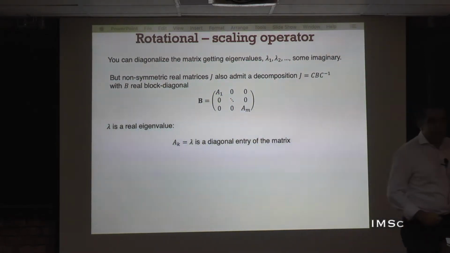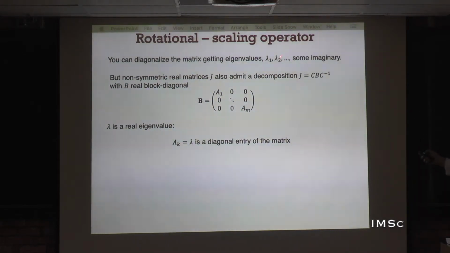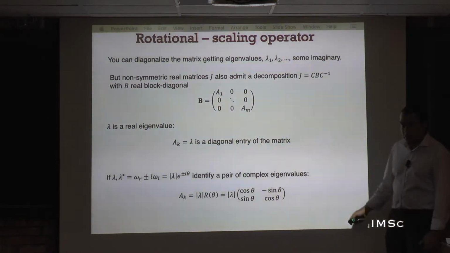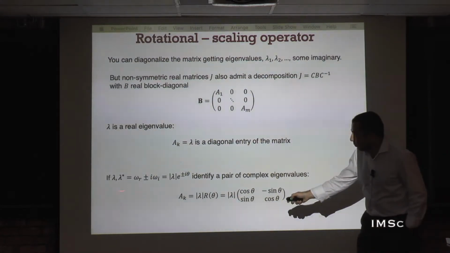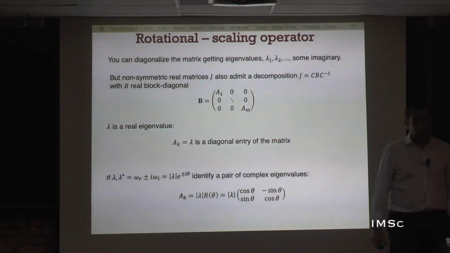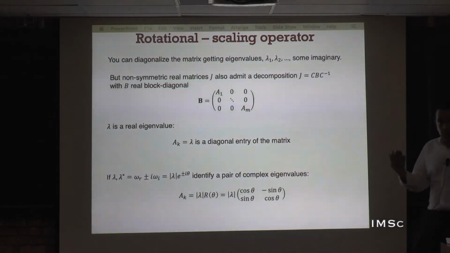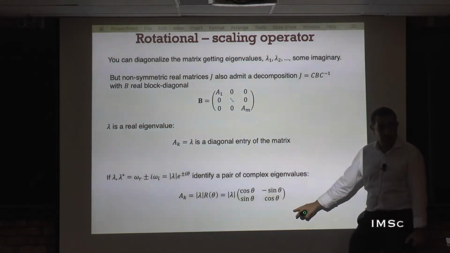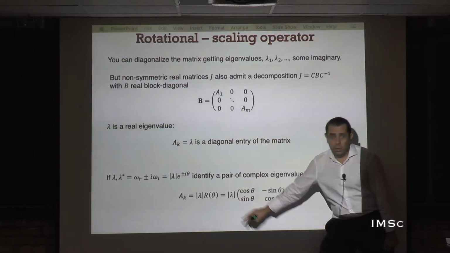If instead you have an eigenvalue which is complex, you will show that another eigenvalue will be its complex conjugate. Both of them are eigenvalues. And this gives rise to a 2 by 2 block of this kind. You can write down your complex number as some amplitude times a phase, and your 2 by 2 block is this object here. What is this? It's a rotation matrix of the angle theta times some amplitude lambda.